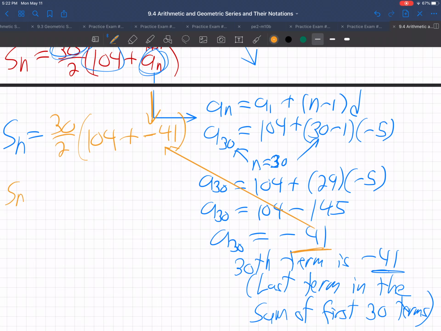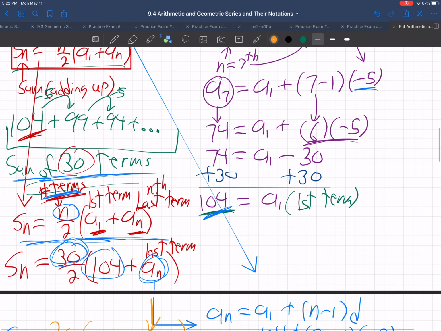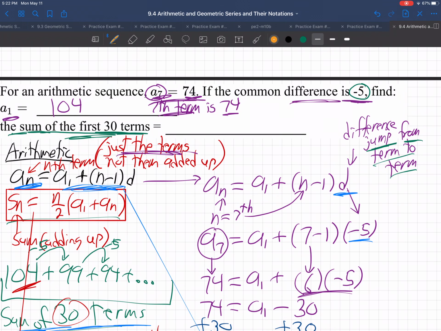So S sub n, the sum of the first 30 terms, is 30 divided by 2, 15, times 104 minus 41. I don't know, let me use my calculator. 63. So 15 times 63, I'm getting 945. There we go. There is the sum of the first 30 terms, 945.